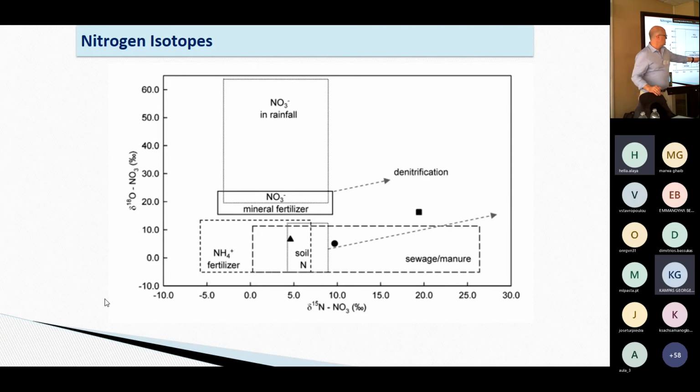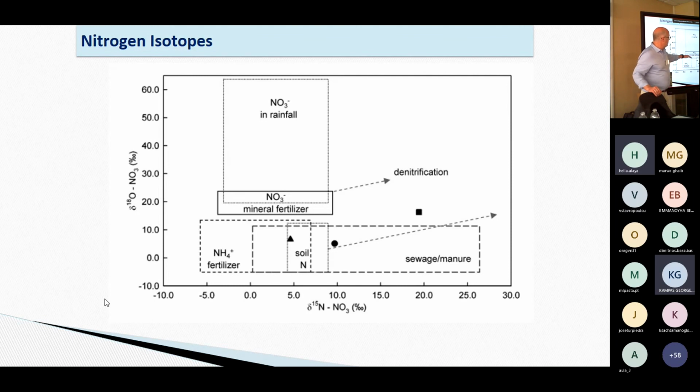So human sewage is around plus 20. If we have animals, organic fertilizer, this is around 5 to 10 or 15, because we eat animals, so we enrich the nitrate. And the plants are minus 5 to 0. So you see, this is a kind of fractionation in the nutrient pyramid. Now, these are the carnivores and these are the plants.